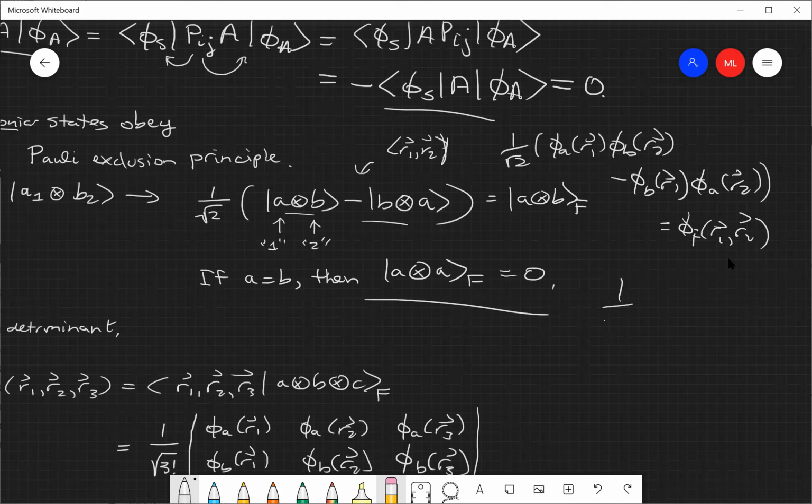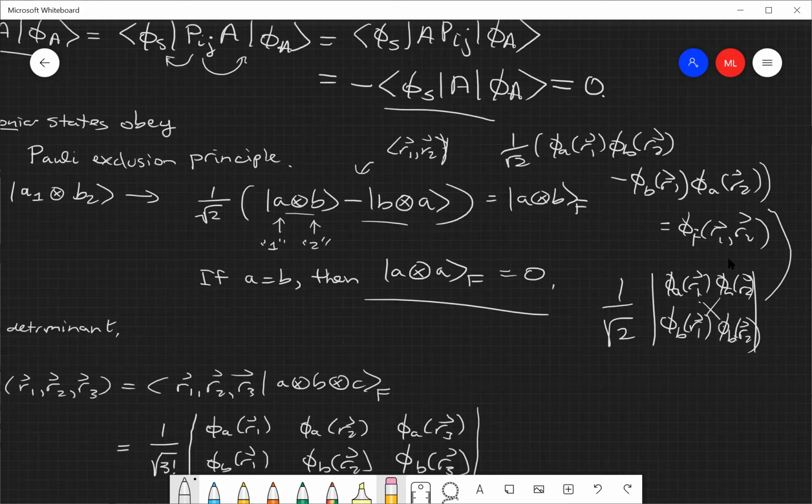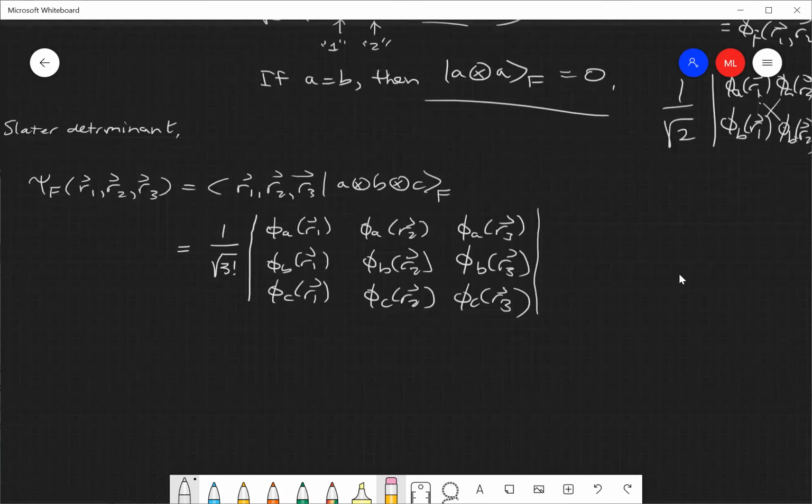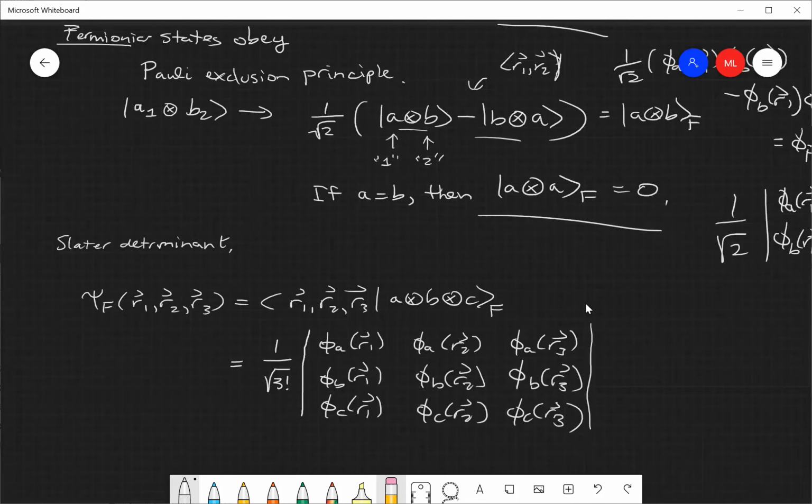And you notice that that's just 1 over square root of 2 times the determinant of phi A(R1), phi A(R2), phi B(R1), phi B(R2). You multiply these two together and subtract these two. So that gives us this. Yeah, it works for two particles, and it works for any number of particles. Nice. More questions?